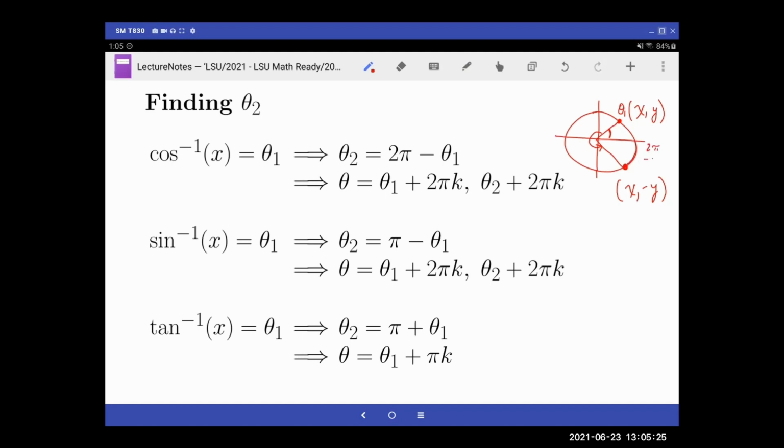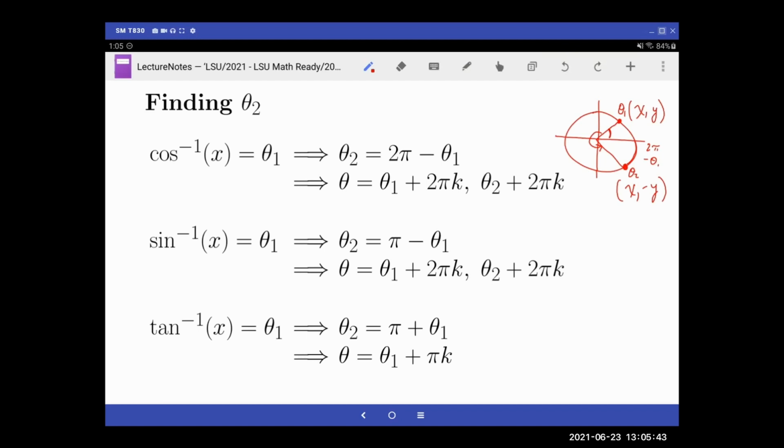So we took away our first angle, and that would bring us to our second one. The same thing is true with sine: if you subtract it from pi, you get the second one. And tangent, if you add pi to it, you get your second one there.